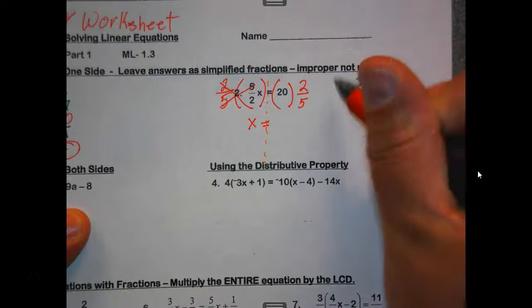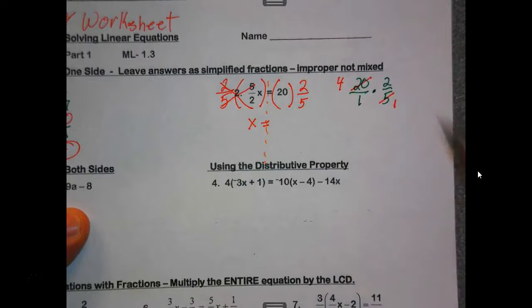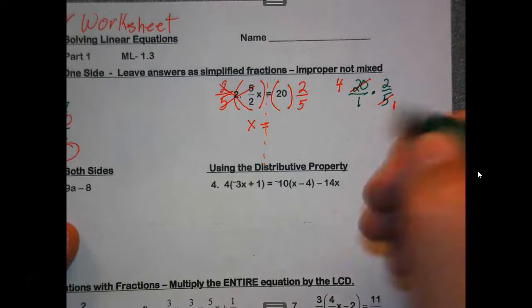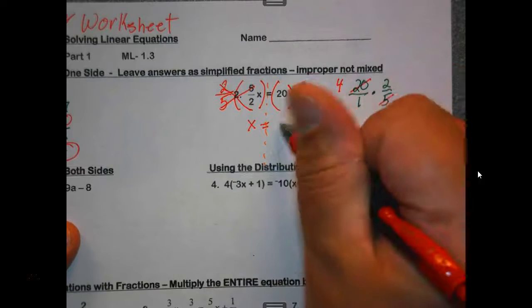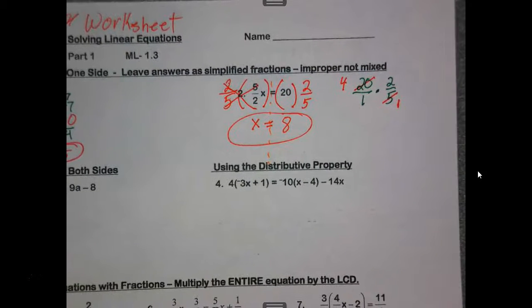There are 4 5s in 20, and 1 5 in 5. So 4 times 2 is 8. I mean, you could even do this in your head. 20 times 2 is 40. 40 divided by 5 is 8.